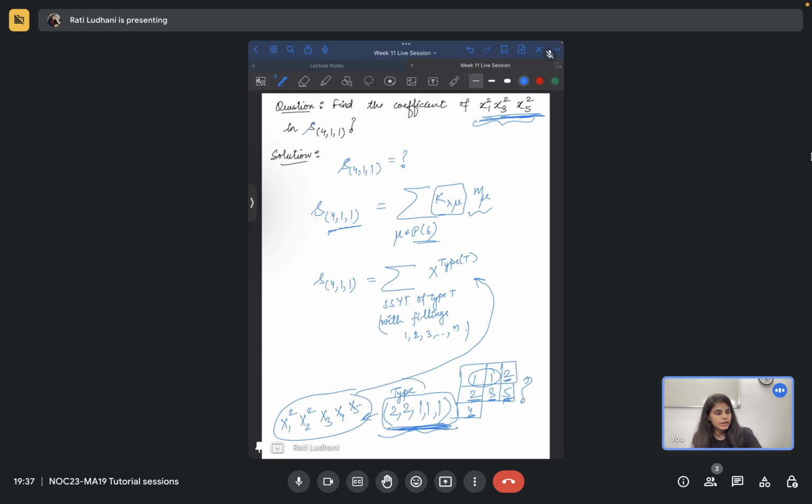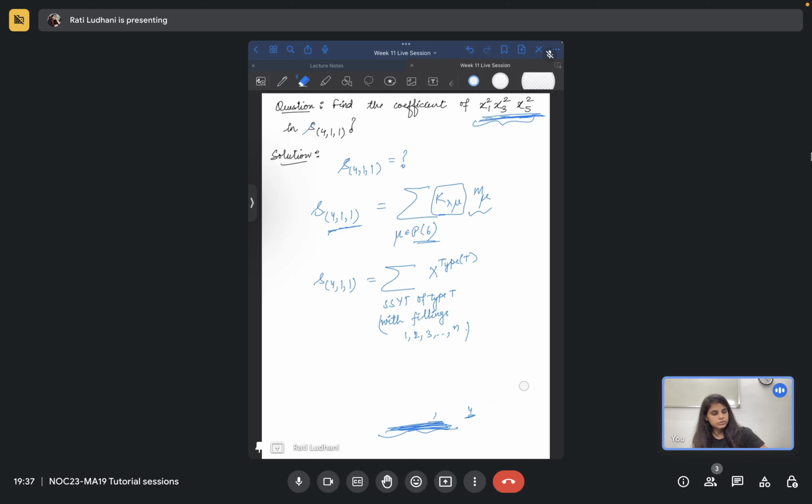So you have this type, this is your mu, and when you have mu and lambda, you need to find the Kostka number corresponding to this type. In our question, the coefficient has been asked for this monomial.